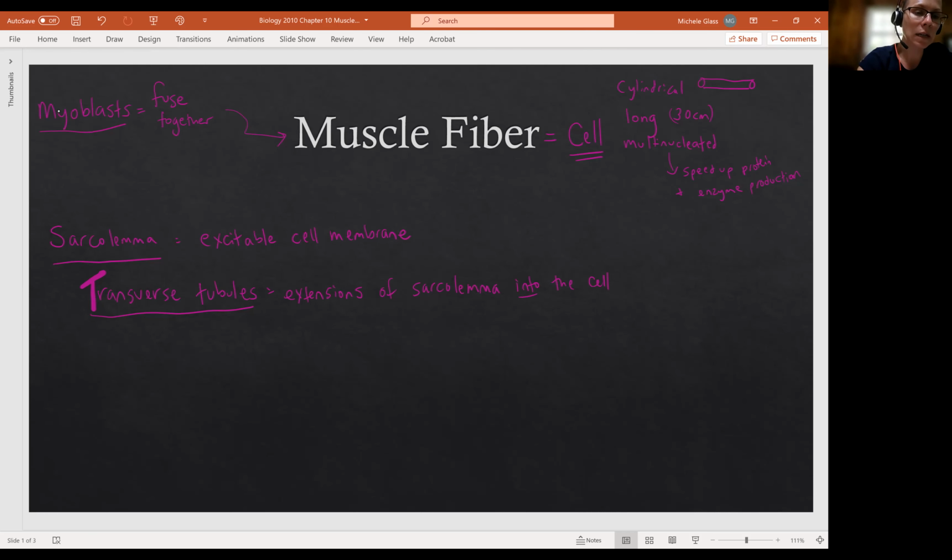We're going to see our cytoplasm is just referred to as sarcoplasm. So that's going to be just a new name for something we already know about. We're going to have very often lots of mitochondria.